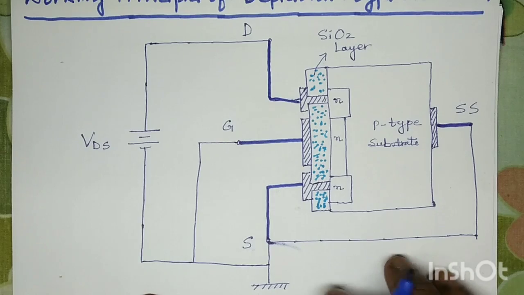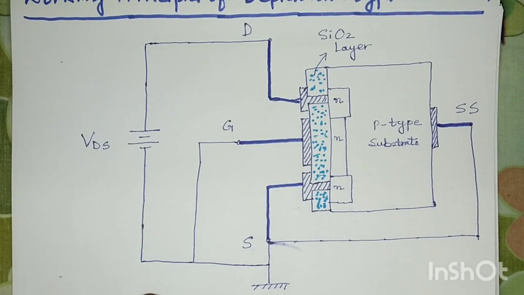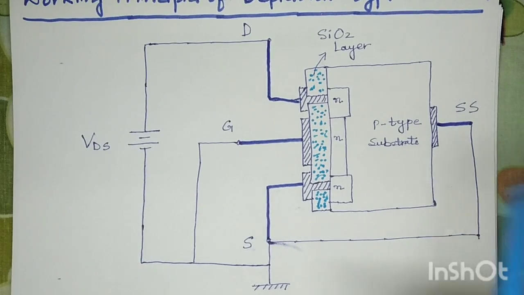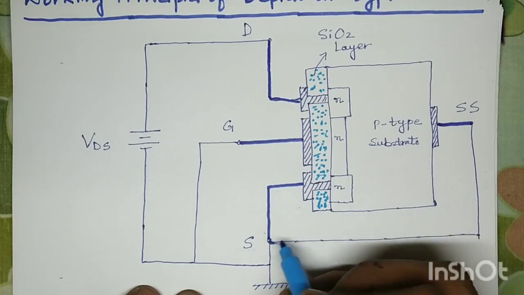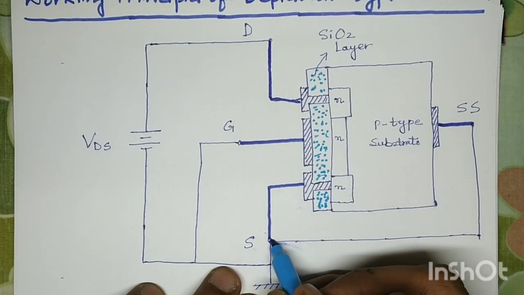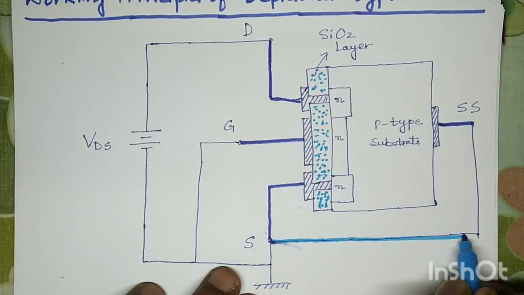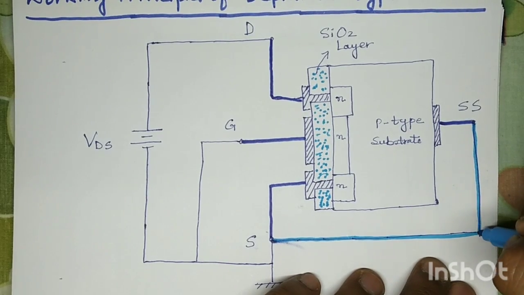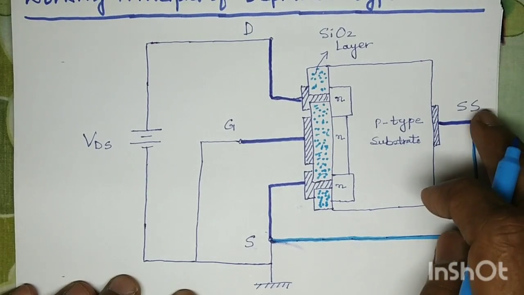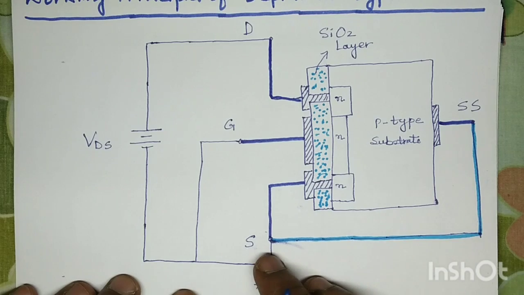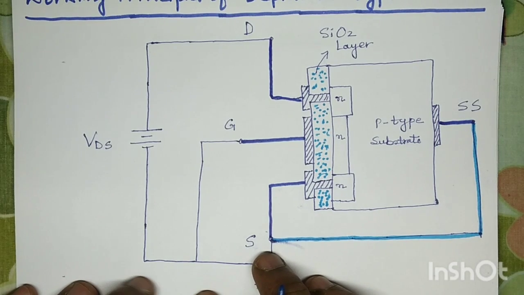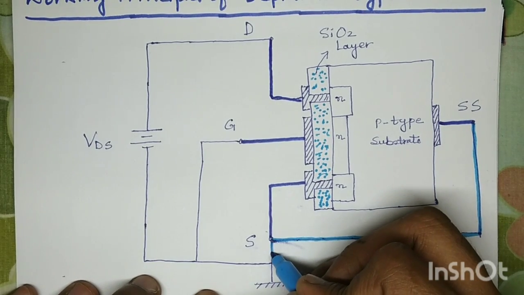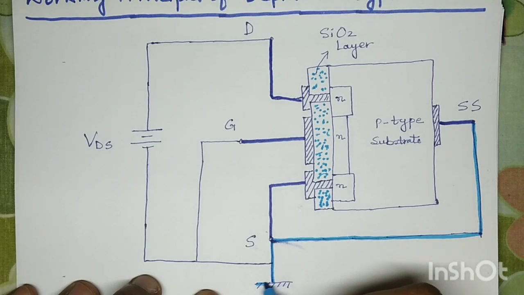So in case 1, this source terminal and the substrate terminal are connected to each other. The substrate terminal of the D MOSFET and the source terminal are connected to each other, and connected to the ground.